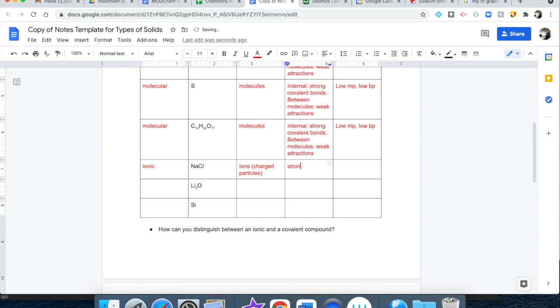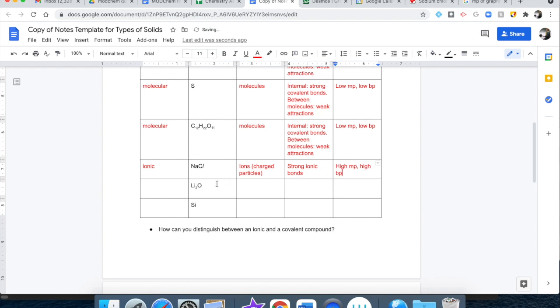Strong ionic bonds. And ionic bonds are just attractions of one positively charged ion for a negatively charged ion. Because those attractions are very strong, these things tend to have very high melting points and even higher boiling points.